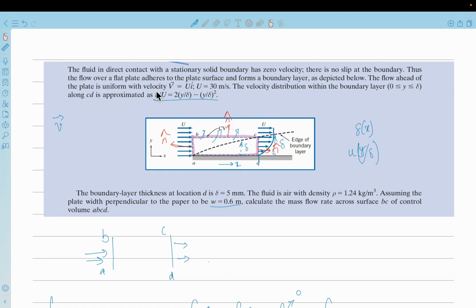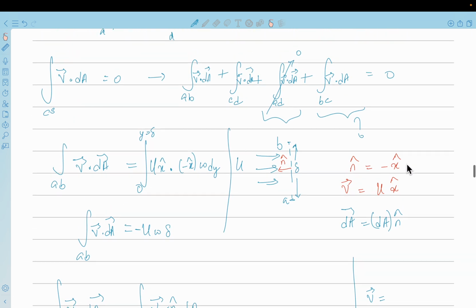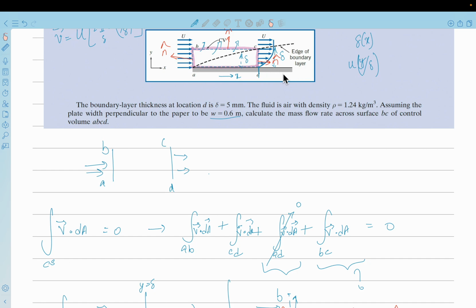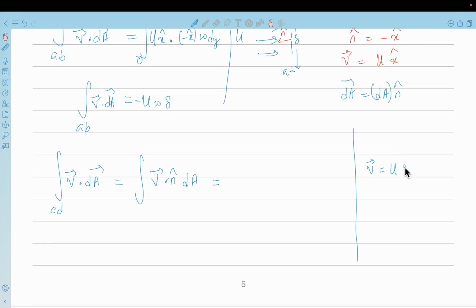So velocity is nothing but this u. So I'll take capital U on the other side. So capital U multiplied by whatever function is given to us, 2y by delta minus y by delta whole square. So this is my velocity, and it is in the positive x cap direction. Okay, so this is U times 2y by delta minus y by delta whole square in positive x cap, and n cap is in what direction?